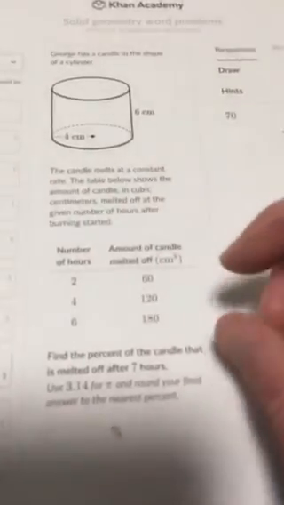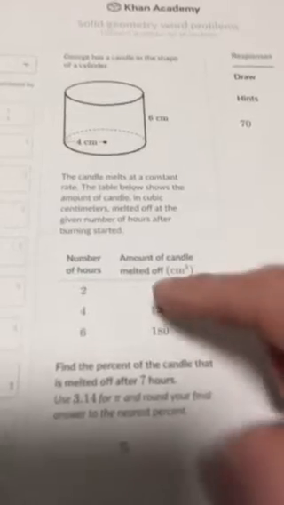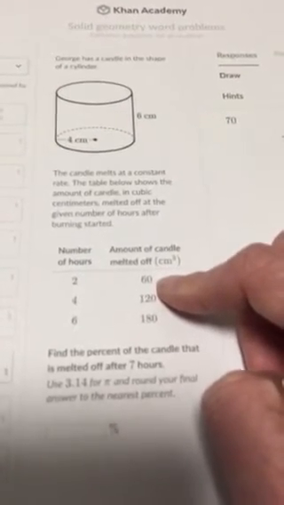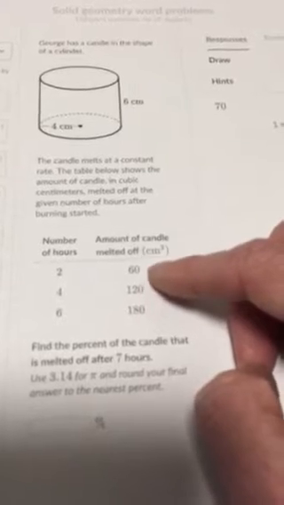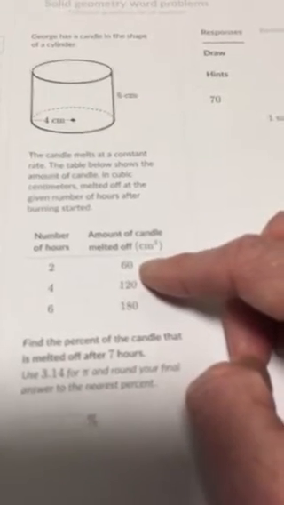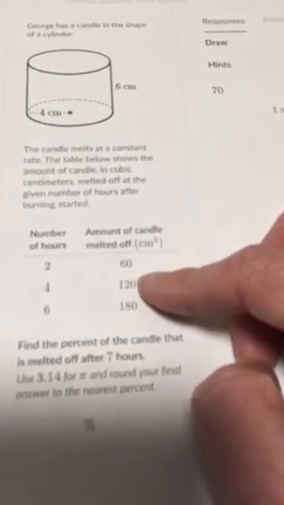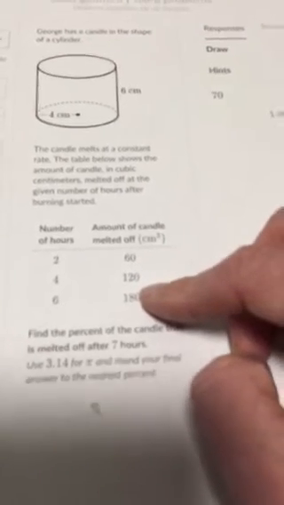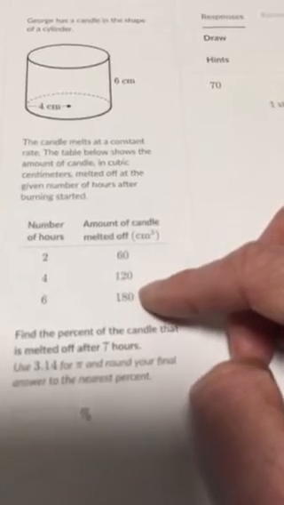It means it's melting by the same amount in a given unit of time. So after 2 hours, it's melted 60 cubic centimeters. After 4 hours, it's melted another 60 cubic centimeters. So 60 plus 60 makes 120. And then after 6 hours, it's melted another 60 cubic centimeters. So 120 plus 60 makes 180.